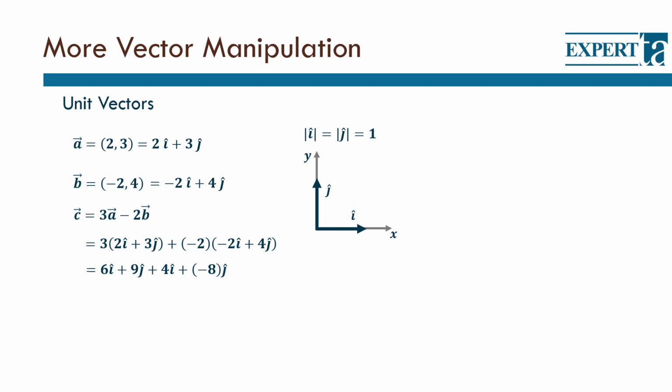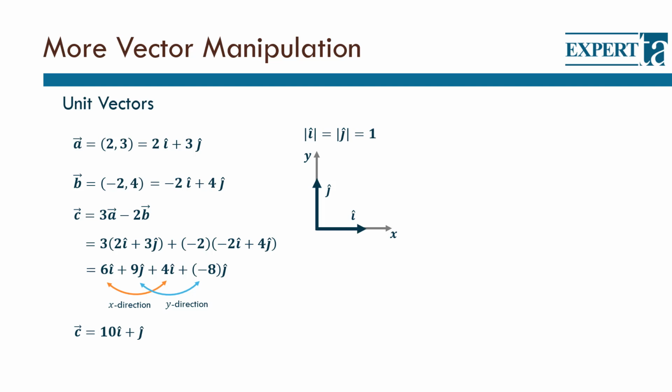Now we add the x components together. The y components do not add to the x components and vice versa. And we add the j components together. These are the components in the y direction, and these are the components in the x direction. So this makes it 6 plus 4, 10 i hat, and 9 plus negative 8, which is 1 j hat, and 1 j hat we can also write simply as j hat.